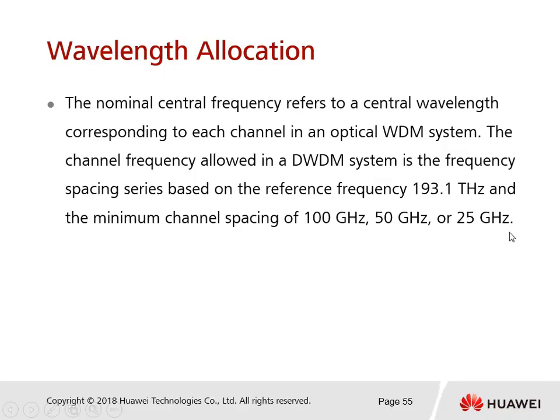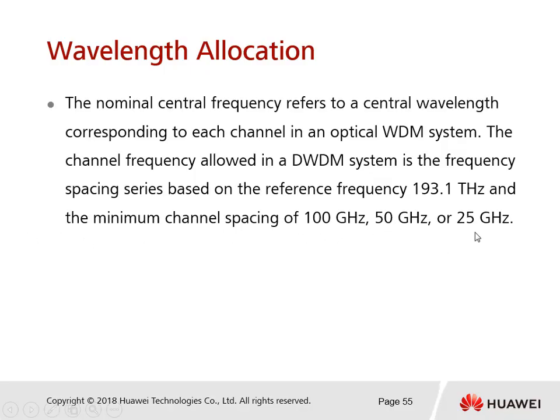In our DWDM, we have two different types. We call them traditional WDM and NGWDM. NGWDM means new generation WDM. For traditional WDM, we are still using 25 GHz spacing. But for new generation WDM, we only use 100 GHz and 50 GHz now.